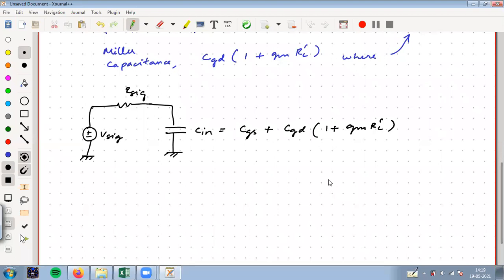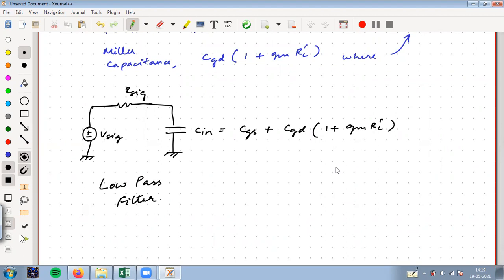This circuit actually looks like a low pass filter, so it obviously has a cutoff frequency. If I find that cutoff frequency, I'm finding the cutoff frequency for this entire circuit.